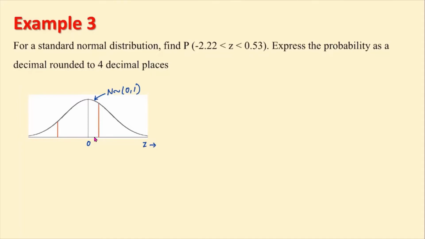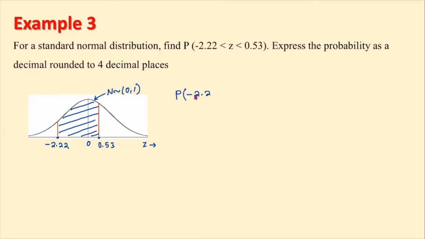So let's label them. This one is negative 2.22, and the upper value is 0.53. And we want the probability between those two values, which is same as the area between those two values, like that. Now, to find the probability or area in the TI-84 calculator, we use normal CDF.